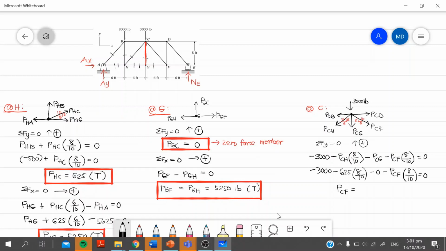Negative 4375. So, it means to say that it is compression.